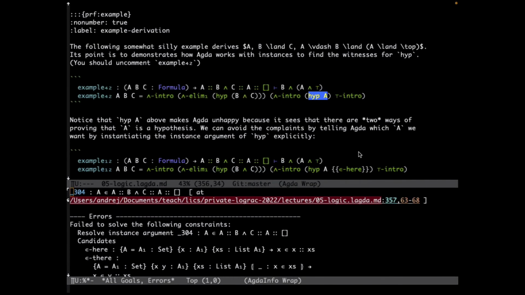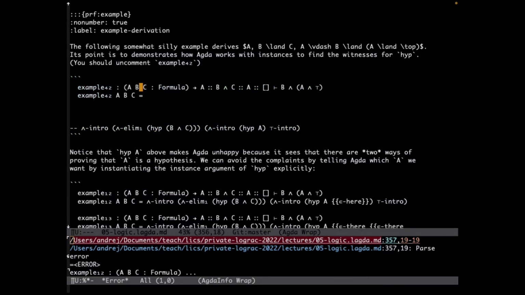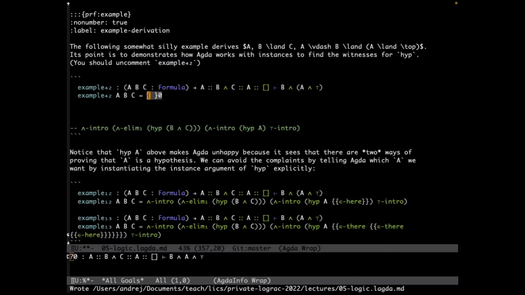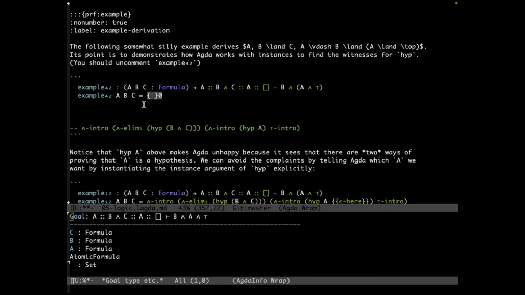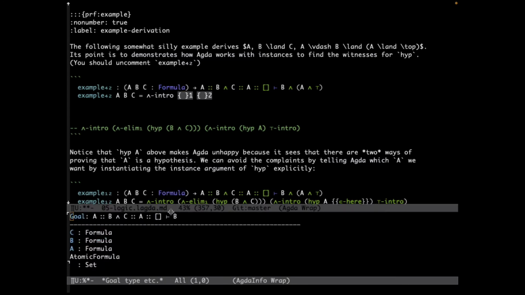So when you do this with Agda, you come here and it says, what do you want me to prove? Oh, you want me to prove a conjunction? Sure, no problem. It's a conjunction introduction. And Agda says, okay, here you have to prove B. And I say, well, where will I get B from?